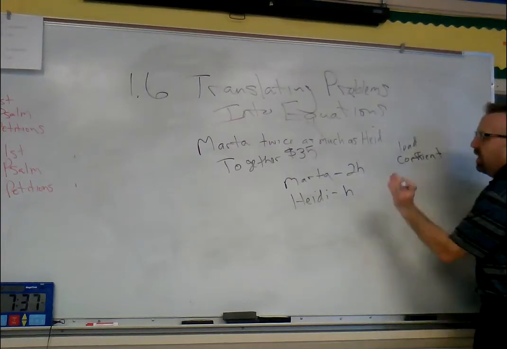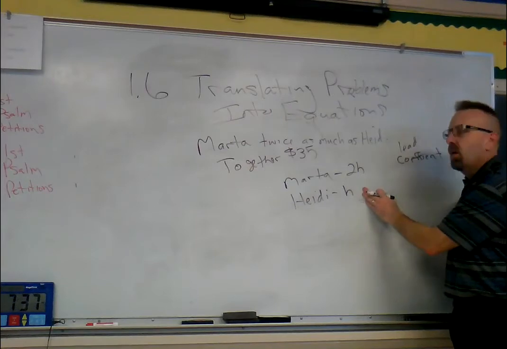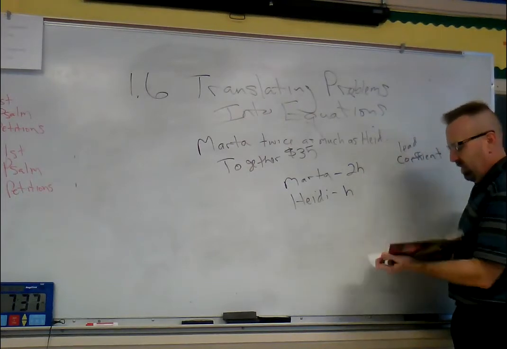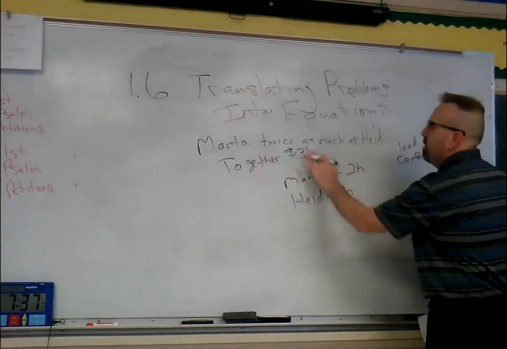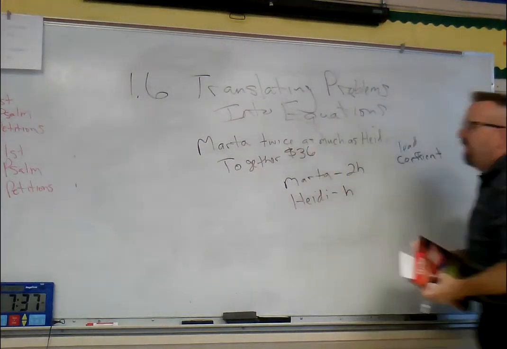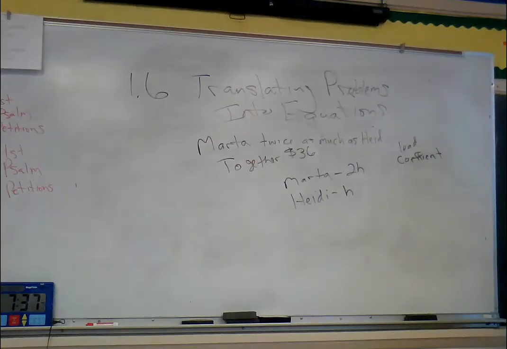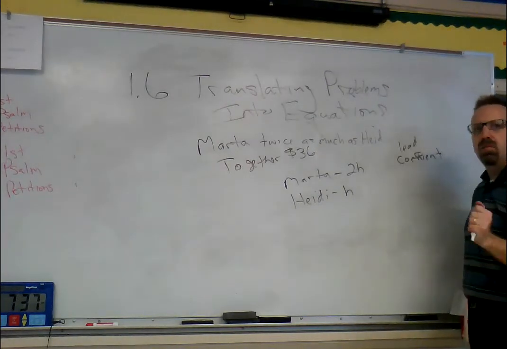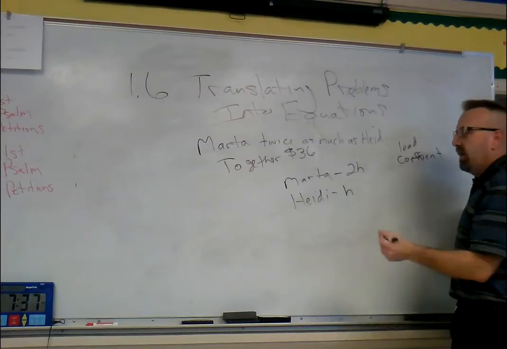All right, so Heidi has H dollars. Martha has twice as much of that, so she has 2H. Together, they have $36. So how could we figure out the total of these two? What operation could we do? We could add them together to find the total.